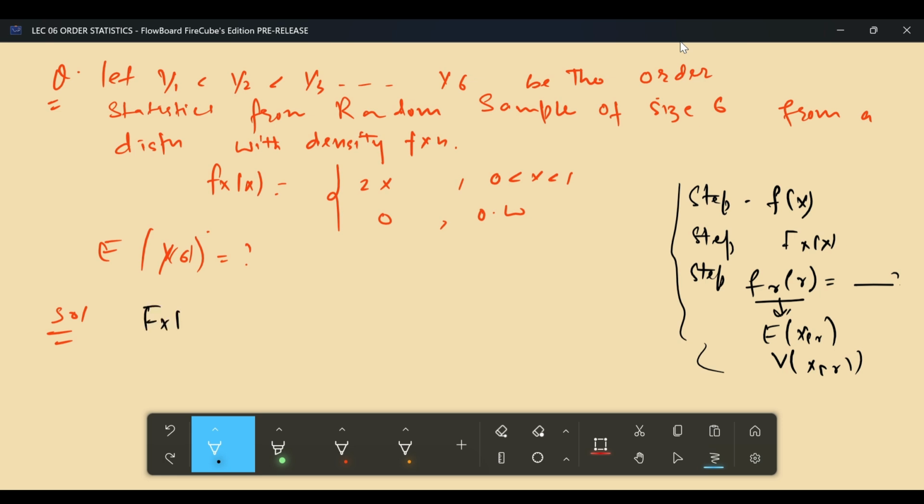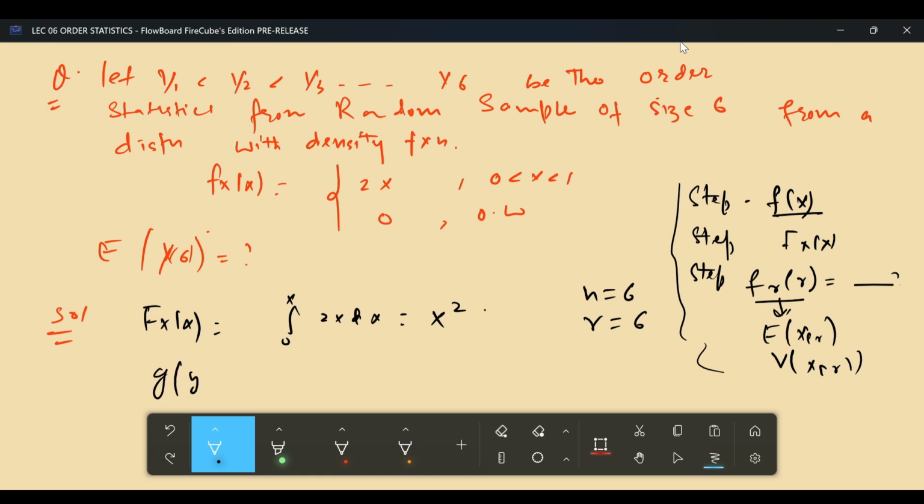What's F of x? Okay, f of x is already given. Now what's F of x? That is the integral from 0 to x of 2x dx, which is equal to x square. Now n is equal to 6, r is equal to 6, that is, the largest order statistic.